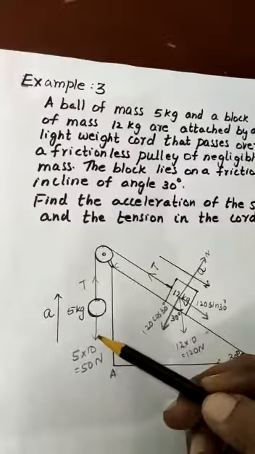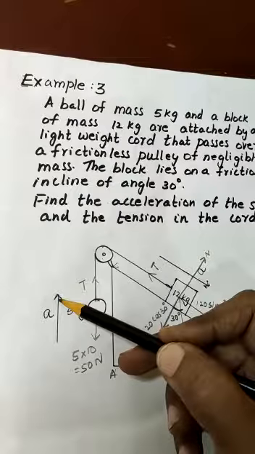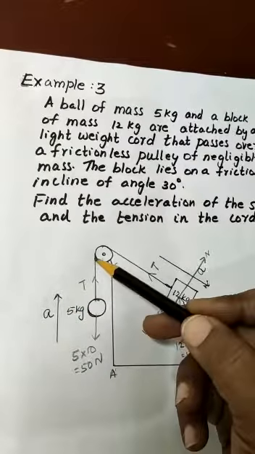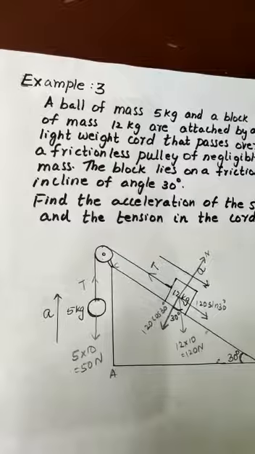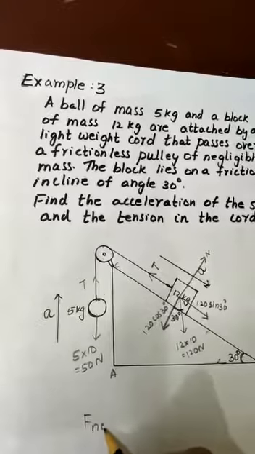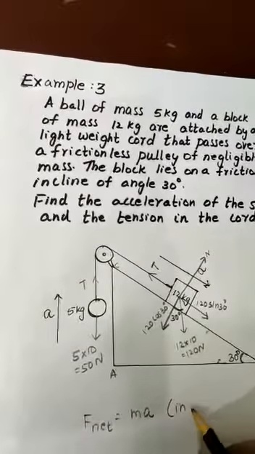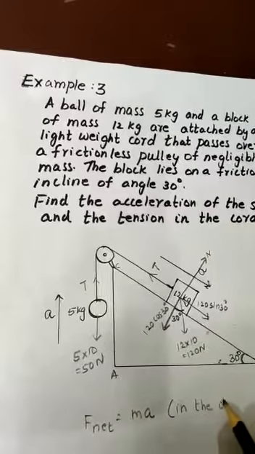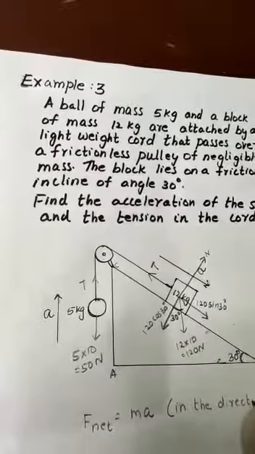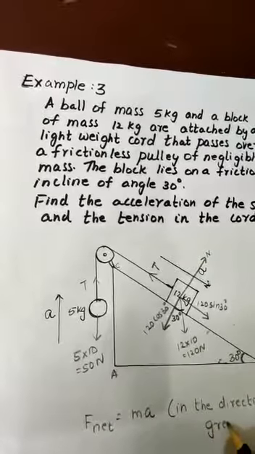Here also, since it is moving up with an acceleration, the upward force is greater than the downward force. You should always remember that F net equals ma. It is always in the direction of greater force.